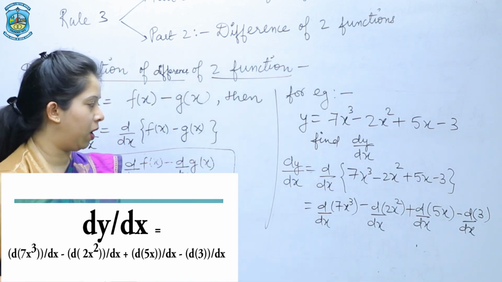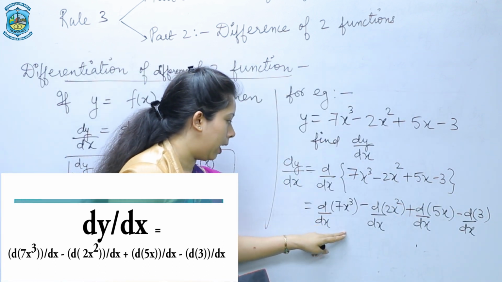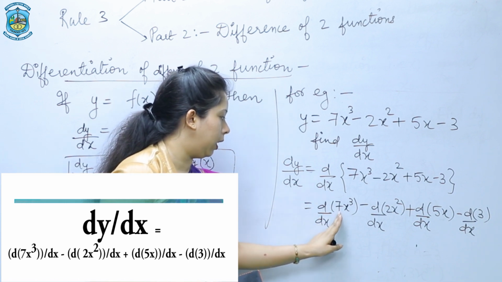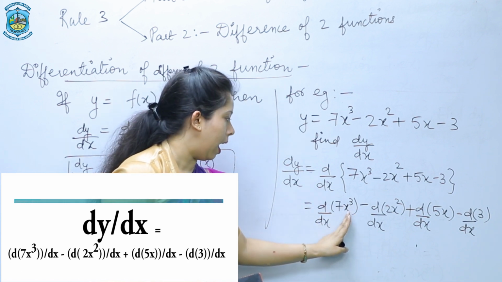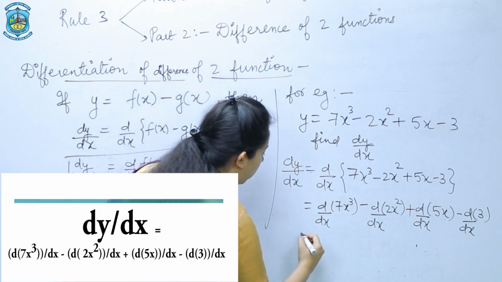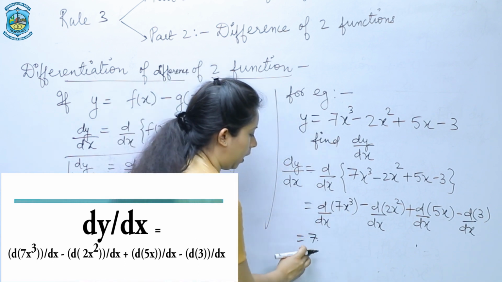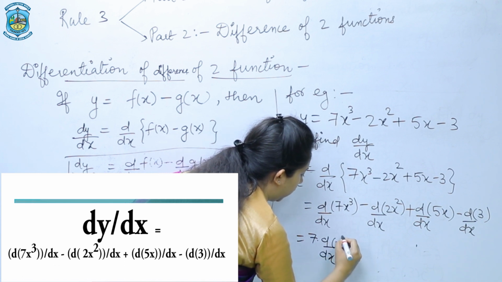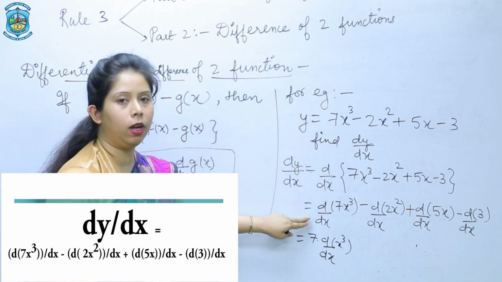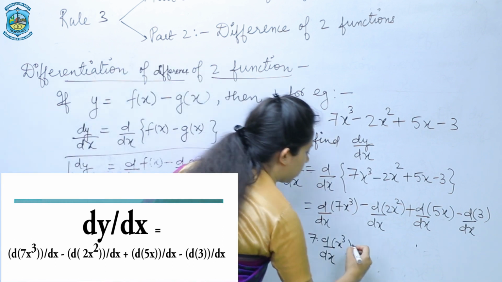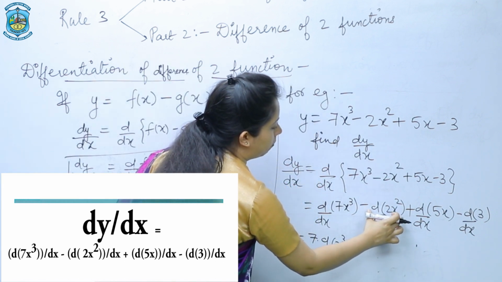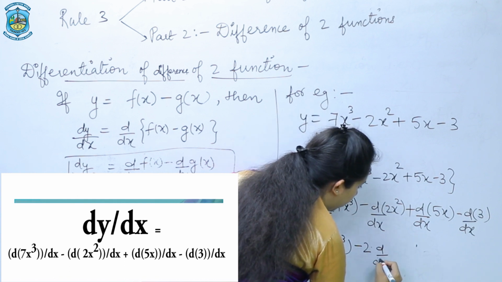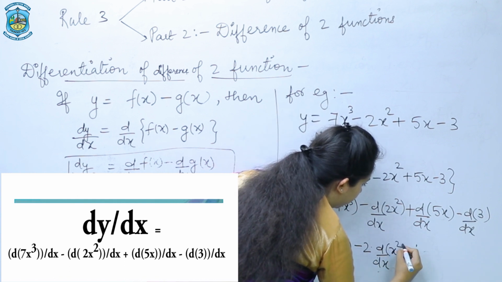So we will have to recall the previous formulas. Here we will apply rule number 2 first, that is the derivative of the product of a constant and a function is equal to the constant times the derivative of the function. See here, in the first term we will apply rule number 2 first, and the same rule will be applied for the second term. So here we will get 2 into d by dx of x square.